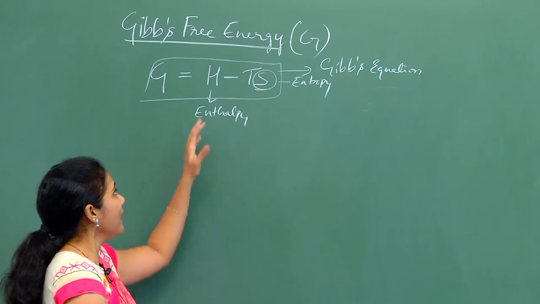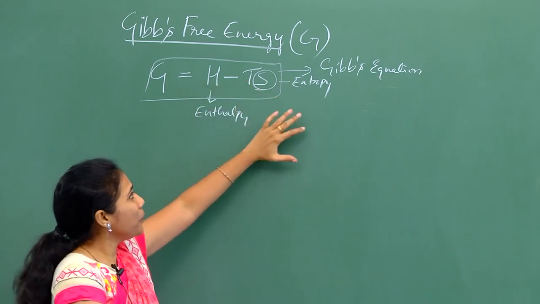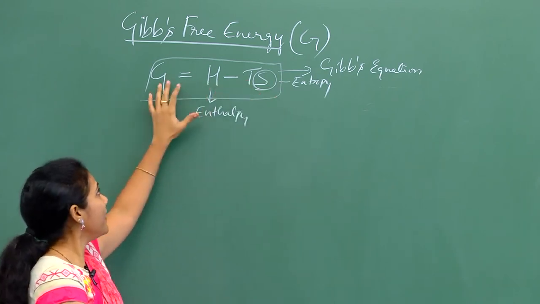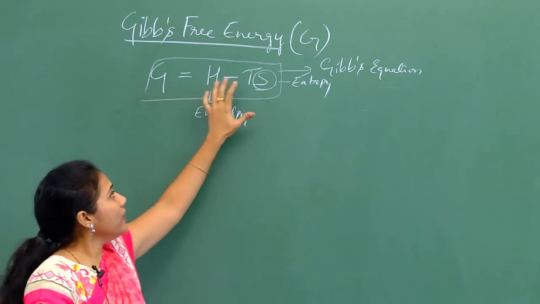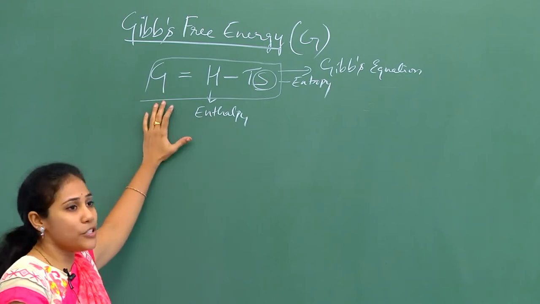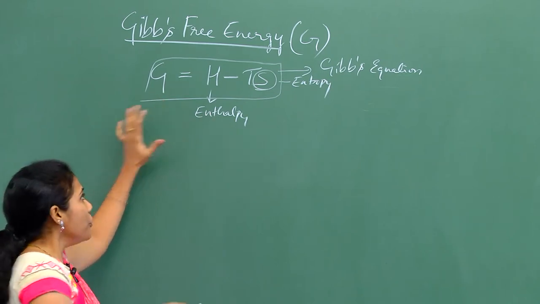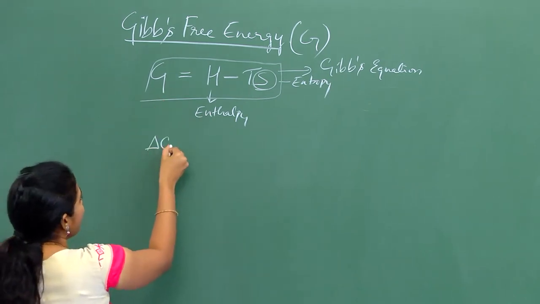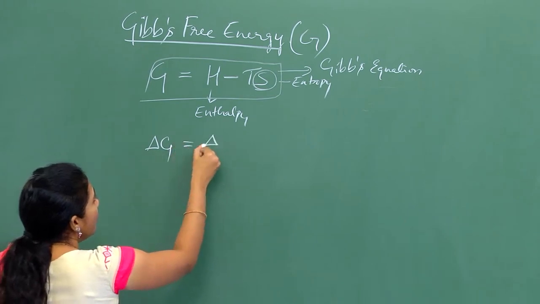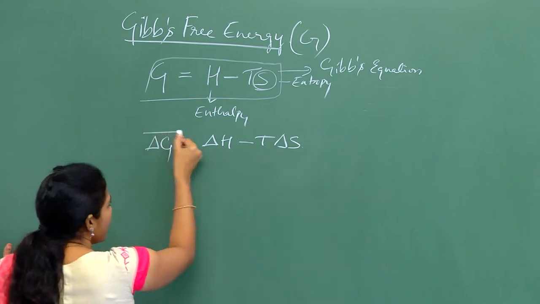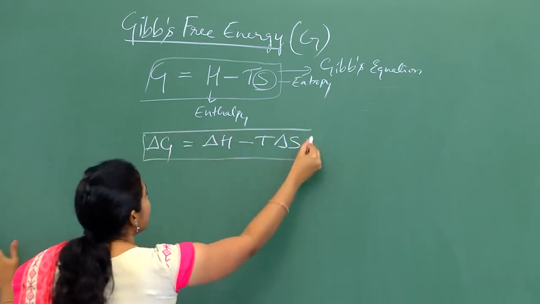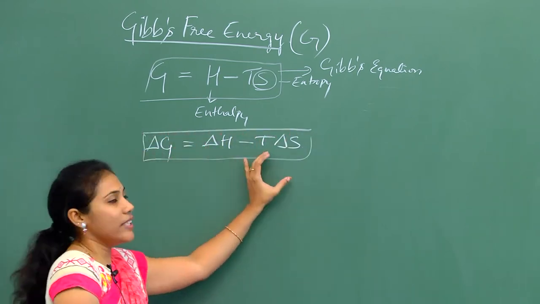Normally speaking, when enthalpy and entropy both are state functions, automatically G also will be a state function. When both are extensive properties, G is also an extensive property itself. So what we can write is delta G is equal to delta H minus T delta S. Their changes only we concentrate on, because the exact values of these we cannot calculate.